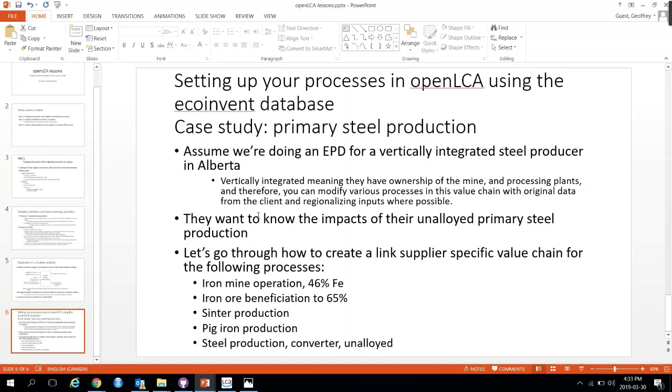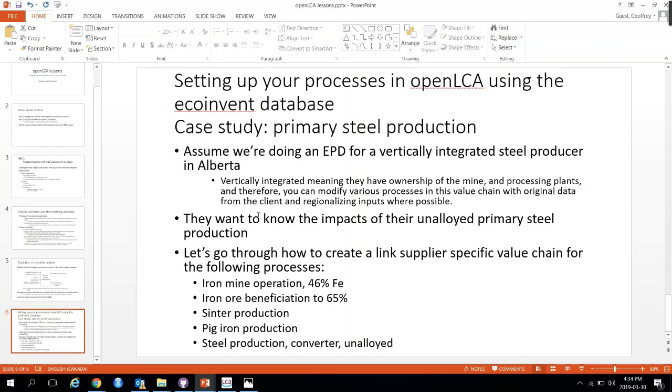So that's a good thing. We know that we can get a lot of good original data from the client, but we also have to be cognizant of the fact that they're probably not going to provide a lot of inputs that ecoinvent already has. So that's where we try to harness the ability of ecoinvent in terms of its comprehensive coverage of inputs, to narrow the gaps between what we can get from clients and what we can't.